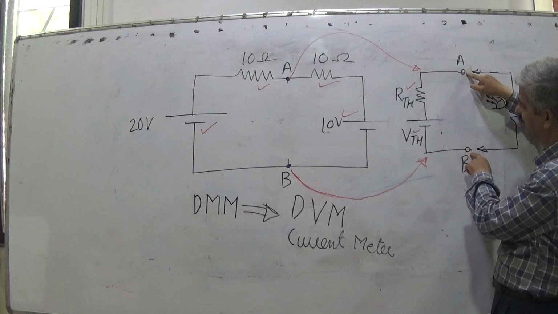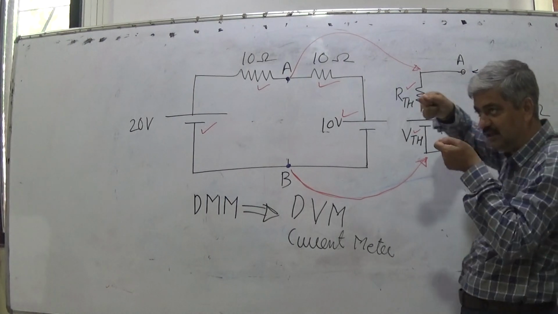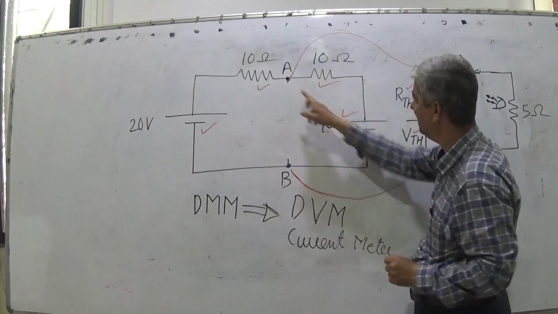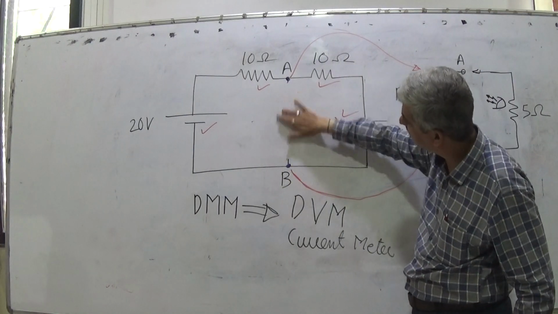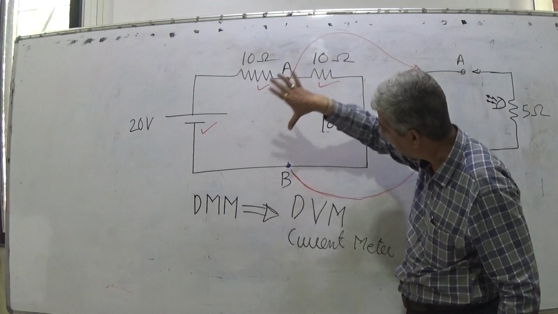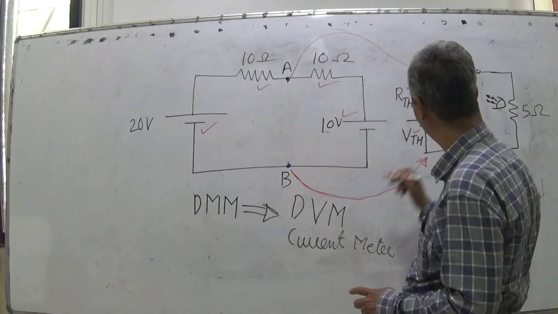Because no current is being drawn, this 5 ohm is not connected. So with the digital voltmeter, you connect the voltage here. Whatever voltage exists in the circuit without connecting anything between A and B, that would be VTH.